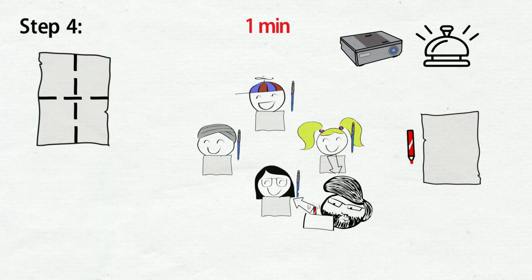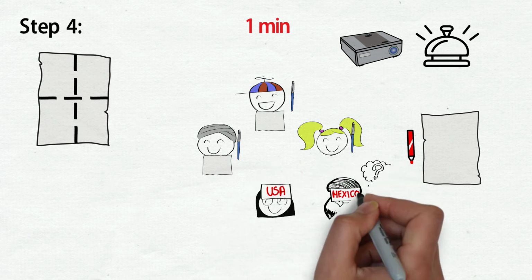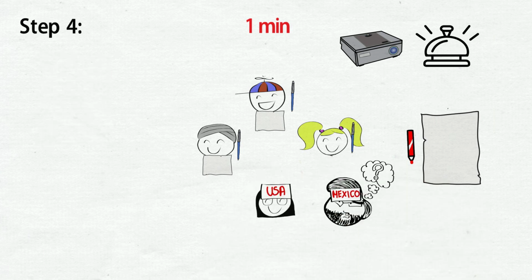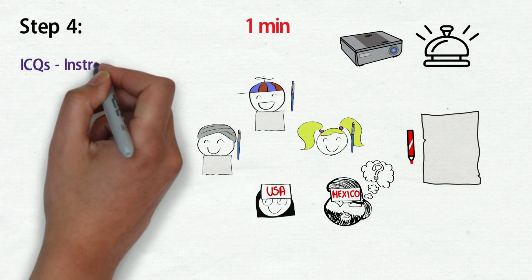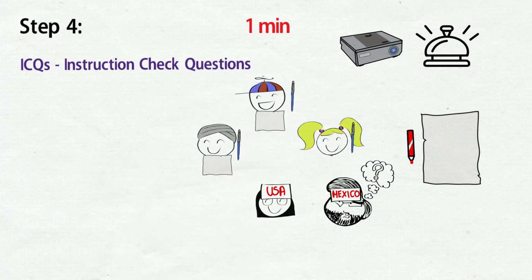Step 4. Count to 3, and then you and the student should put your pieces of paper onto your foreheads. Now this is a crucial moment because you have to do some ICQs with the students. Stop the game for a second and ask questions like, "Did I write this?" pointing at the piece of paper on your forehead. "No."